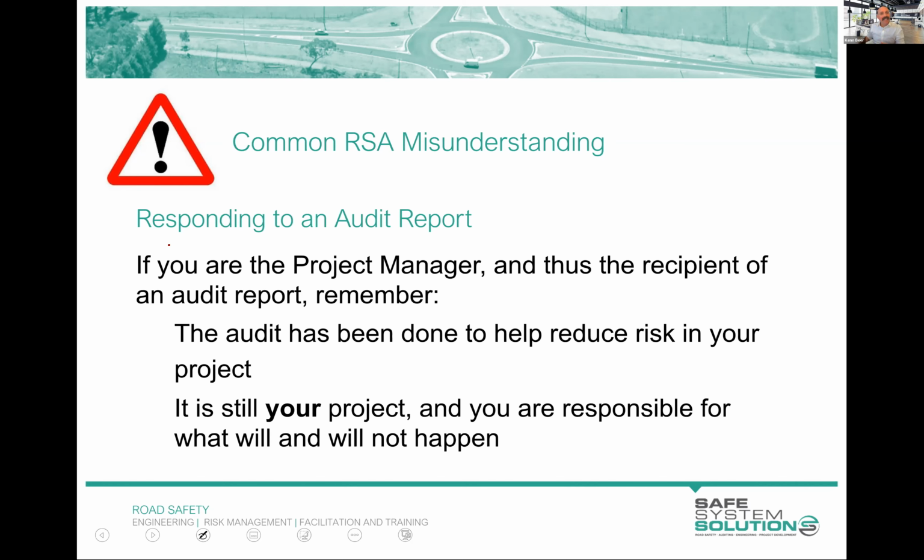Those are the 8 steps to go through, and I hope you picked up a few little things there. Also, sorry, I should have said, you are within your right as a project manager to disagree with the audit finding, or disagree with the way that they have recommended you reduce the risk of that issue. So you might say, yes, I agree that's a road safety issue. I'll use a ridiculous extreme example: 2 local streets, the auditor's found sight distance or speed issues, and the recommendation is to grade separate the intersection.